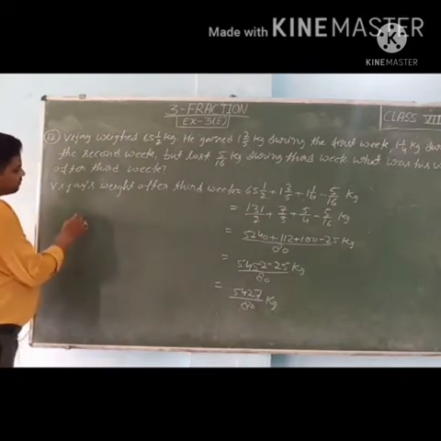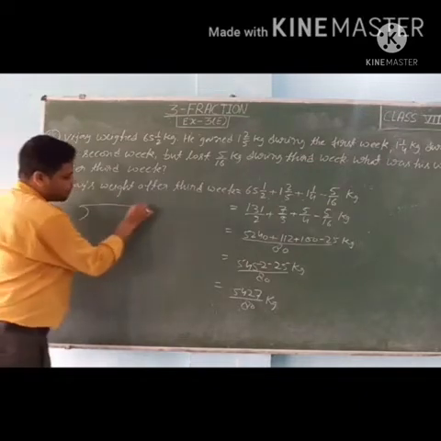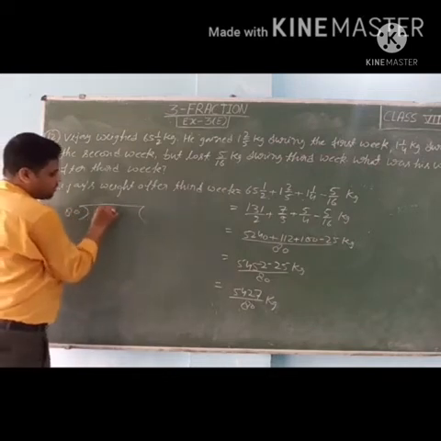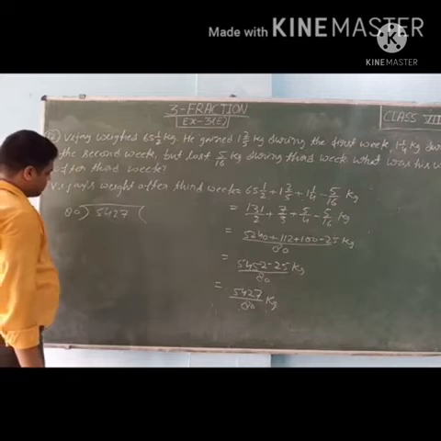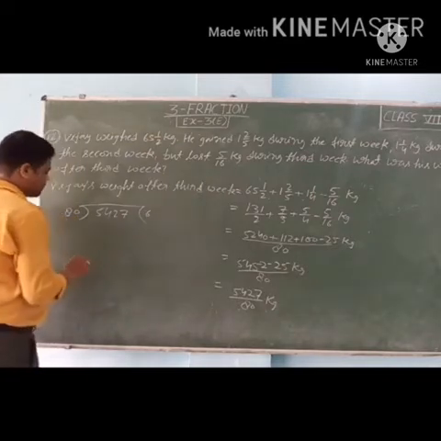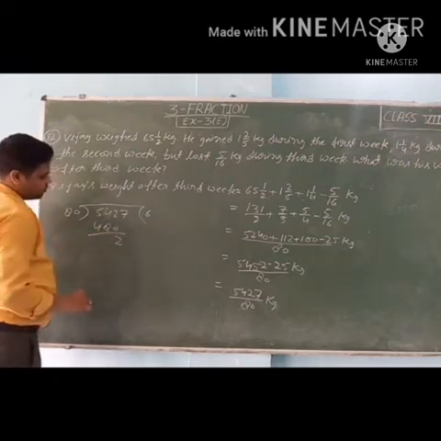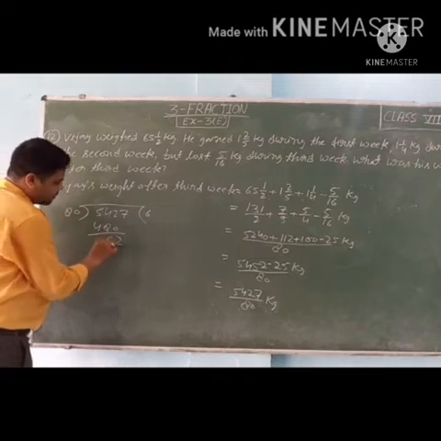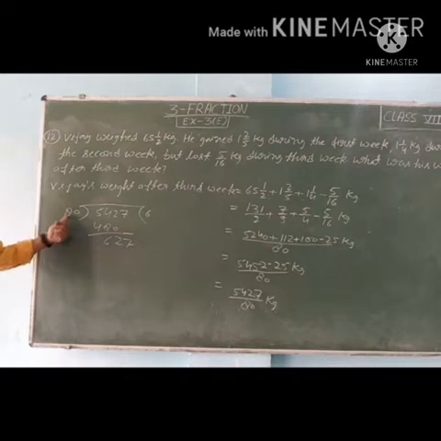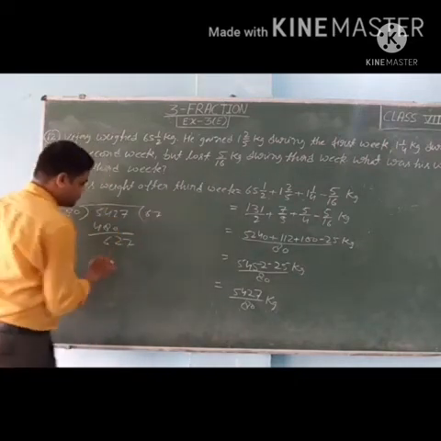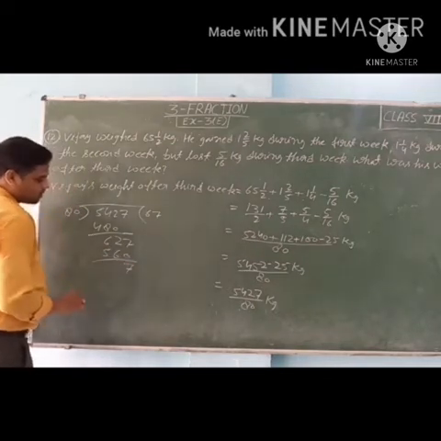See, 80 here, 5, 4, 2, 7, 6, 480, then 2 and here 6, then we will take 7 also. 7 8s are 56, 8 8s are 64, 560, then remainder 7, then here 6.